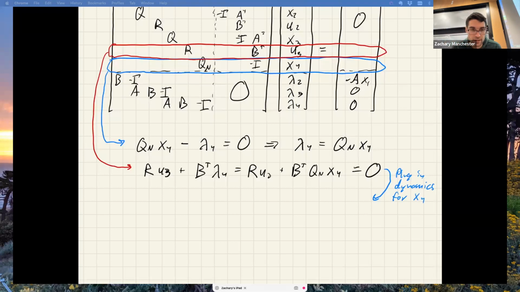So that looks like RU3 plus B transpose QN (AX3 plus BU3) equals 0. Okay. And now I'm going to just take this guy and solve it for U3. Let's do that.